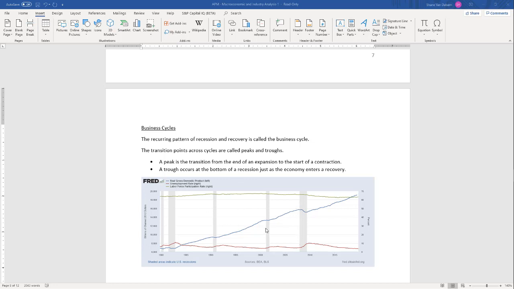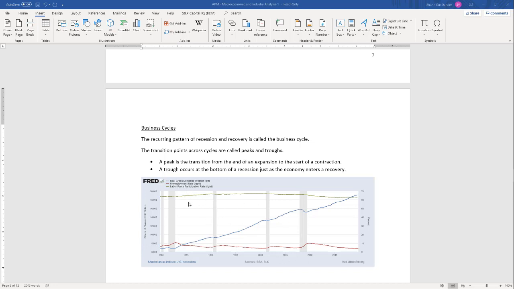So we can see some peaks here. If you're looking at the blue line, the blue line is real gross domestic product, so inflation is taken out of it. The unemployment rate is the red line, and the labor force participation rate is the green line.